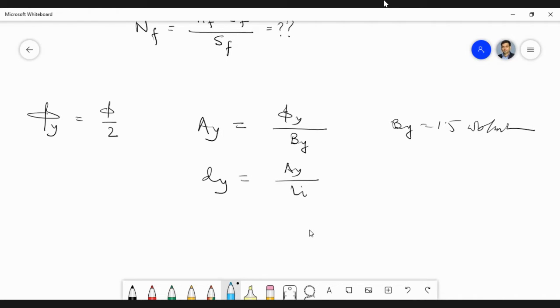Once you have determined the area of the yoke, by dividing that by the main iron length, you can have the depth of the yoke, dy. So this is how the dimensions of the yoke can be calculated. So quickly complete this, and also the field winding design.